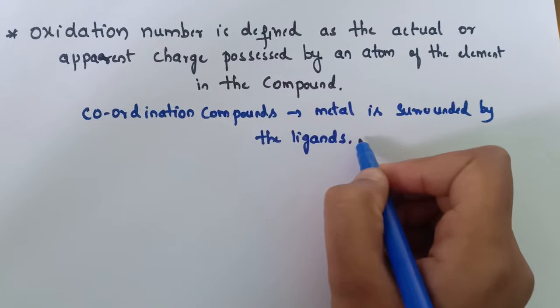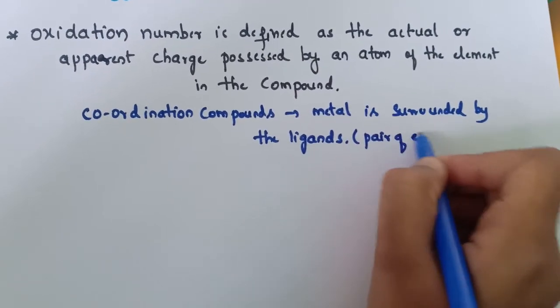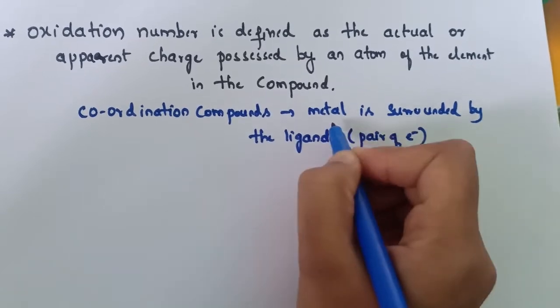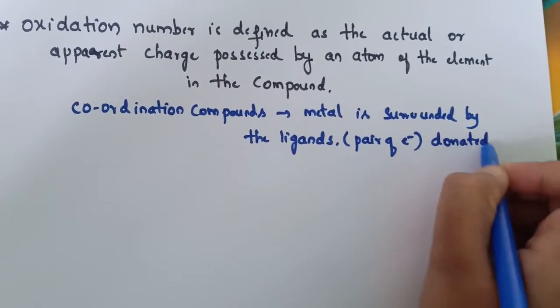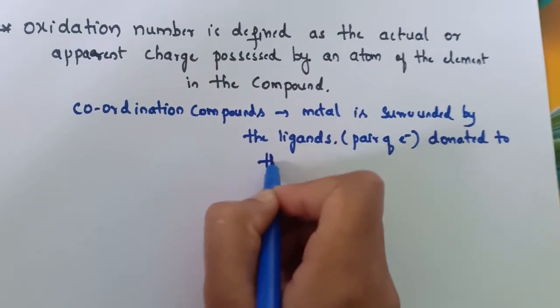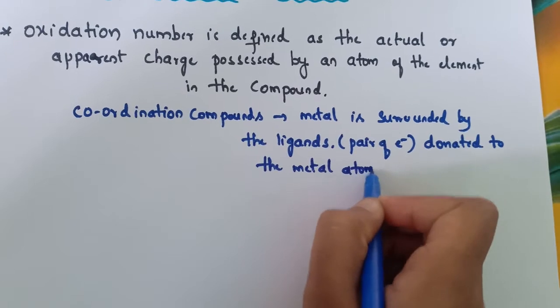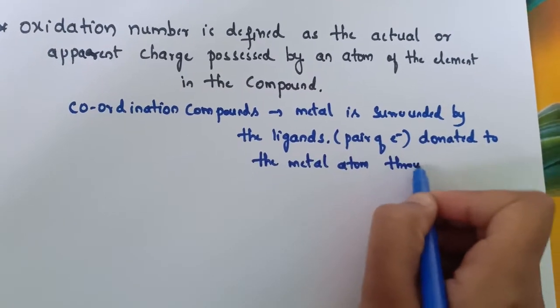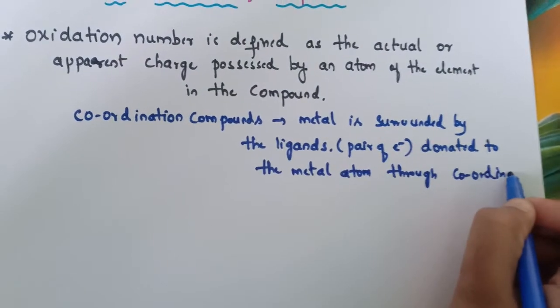Ligands consist of a pair of electrons which are donated to the metal atom through coordinate bonds.